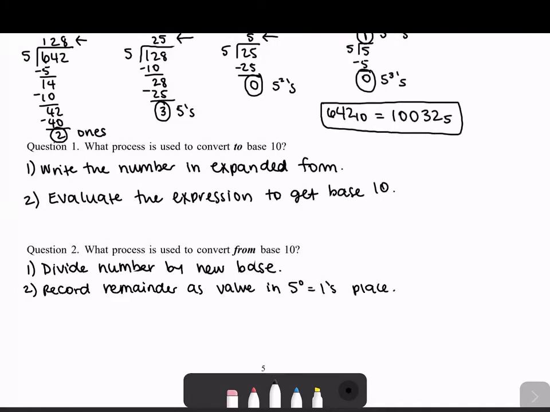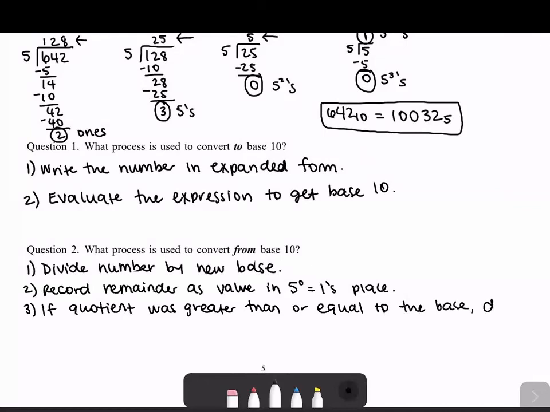Once we recorded that remainder, then we looked at our quotient, and we said that if the quotient was greater than or equal to 5, sorry, I'm having a hard time writing this 5. Greater than or equal to 5, not 5, the base. Greater than or equal to the base, then we divide by that base again.